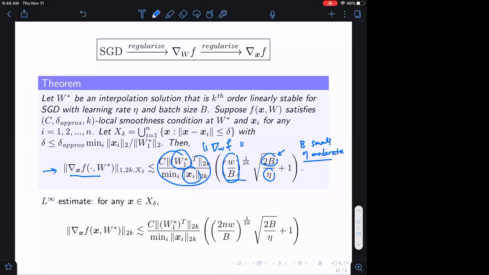So the previous theorem, the way I stated, is in the average sense because it's integrated over this neighborhood of my testing data. Now we can also lift it into the L1 estimate, sorry, L infinity estimate. In the case of the L infinity estimate, in fact there's an extra term n pops up because I have to take the union bound over all my grid points.